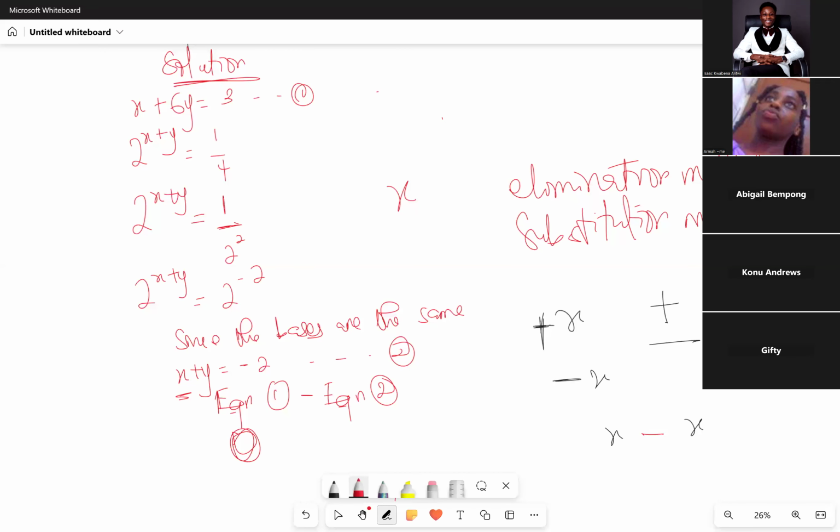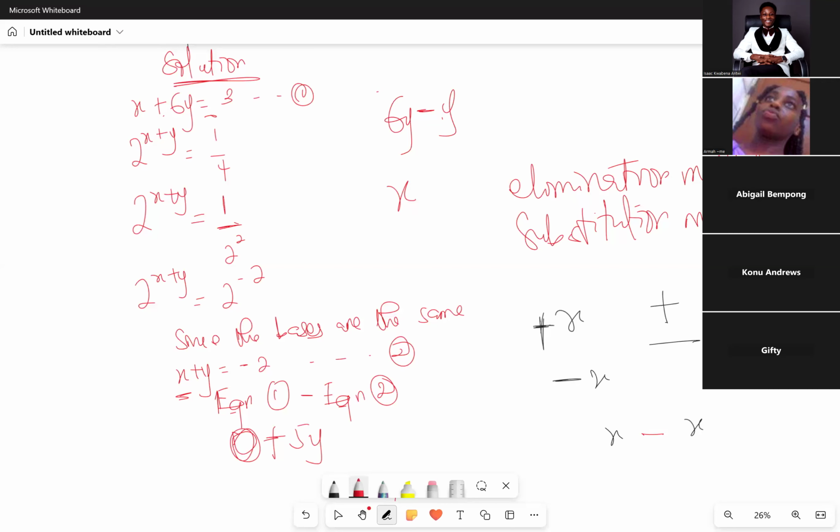Let's continue. In equation 1, the next is plus, right? So you have 6y, and you said equation 1 minus equation 2. So 6y minus equation 2, which is y. So that'll be 5y. Let's continue.